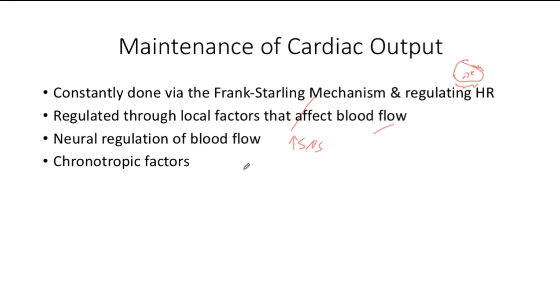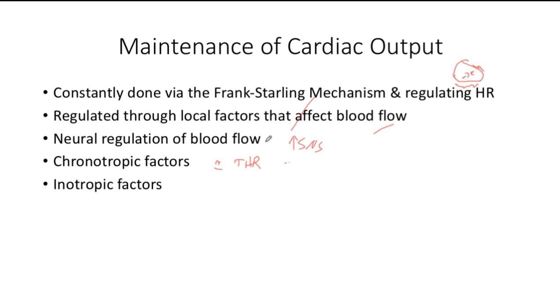There are chronotropic factors. We have an increase in heart rate, so we use the autonomic nervous system to make the proper adjustments to our heart rate to cause our cardiac output to go up. So like I said, initially an increase in heart rate is good because the more times the ventricles beat per minute, the more blood they're going to kick out, but we need to overcome that decreased time in diastole through these peripheral factors, causing more blood to return back to the heart.